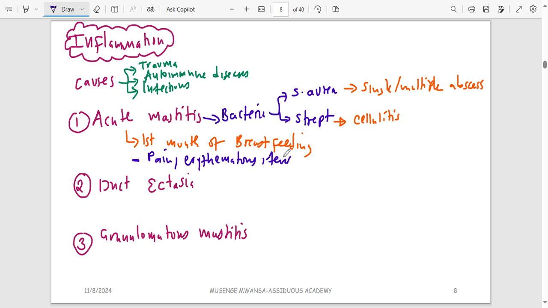Okay, basically that. And how you treat it, because it is caused by bacteria, you simply give antibiotics. And after you give antibiotics, you also encourage the patient to express milk, to remove milk.